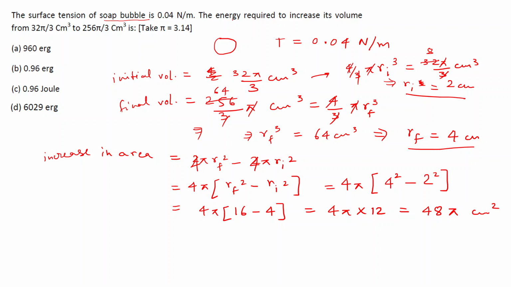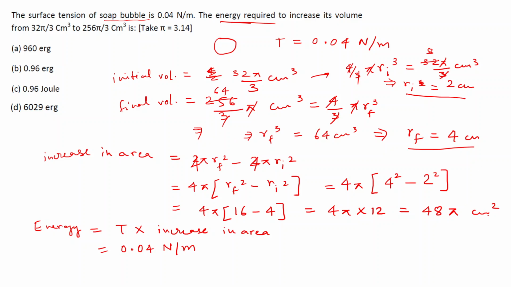Now to find out the energy required to increase this, energy required, or we can call it work done, that will be the value of surface tension times this increase in area. Value of surface tension is given to be 0.04 Newton per meter. Okay, but the answers are in erg and joule, both. So we need to convert everything either in the SI unit, Newton meter, or CGS unit.